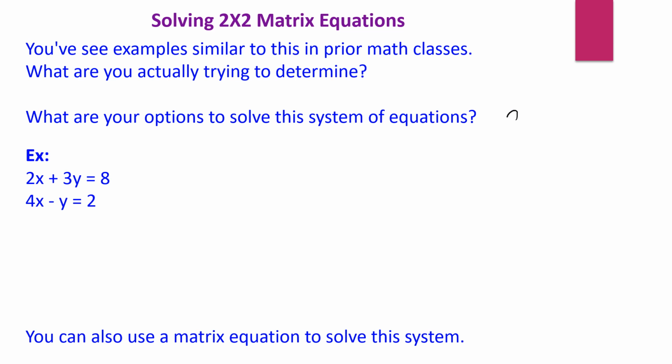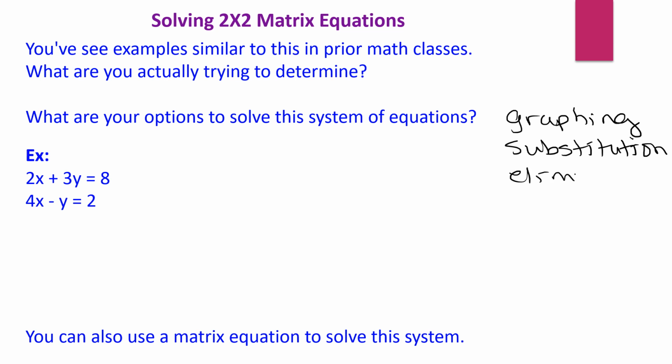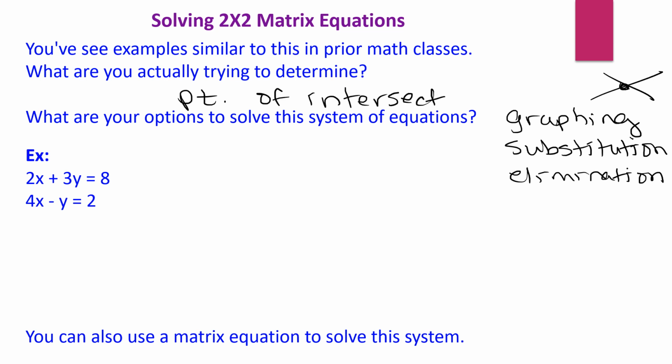The methods that you would use to try to solve the system of linear equations would be to graph, or to use the substitution method, or lastly, you could use the elimination method. You had those three choices. And if you're graphing two lines, any two lines, you were looking for the point of intersection. So you're looking for the XY coordinates where those two lines would intersect on the graph.